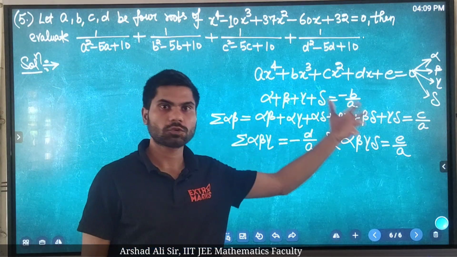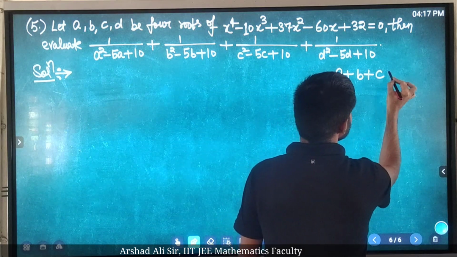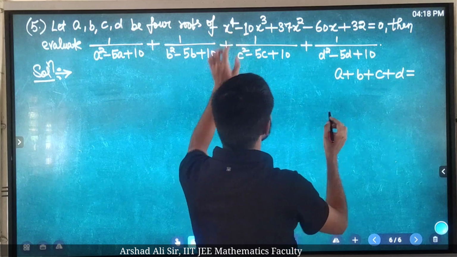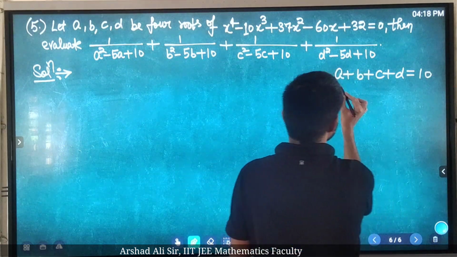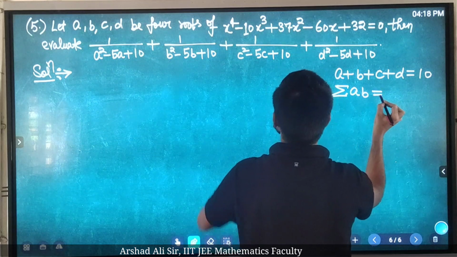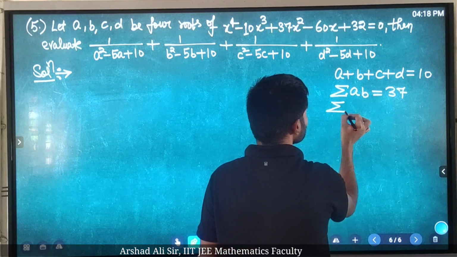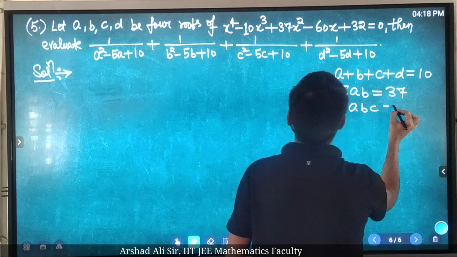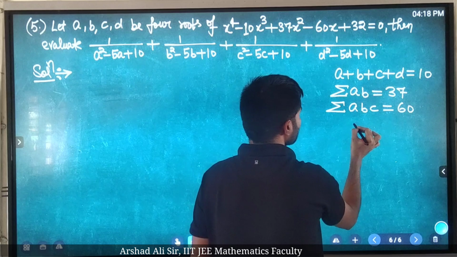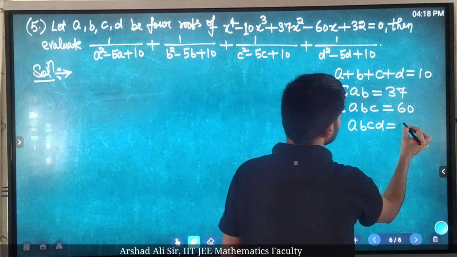So a plus b plus c plus d, the summation of roots, will be minus b by a, so it will be 10. The summation of ab will be 37. Similarly, the summation of abc will be equal to plus 60, minus minus plus. And the product of roots abcd will be 32.